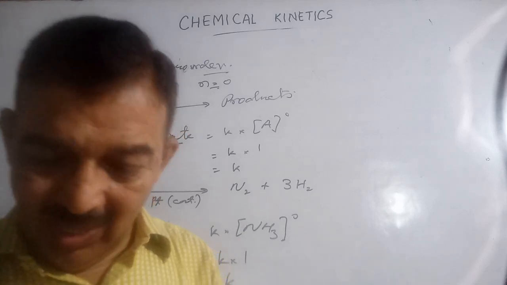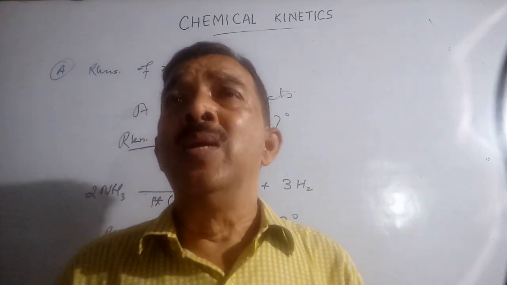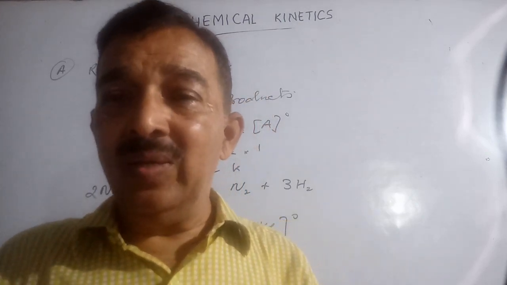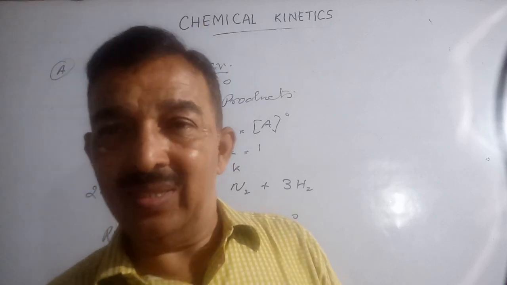Now, coming to the units of K for reactions of different orders. How to calculate?